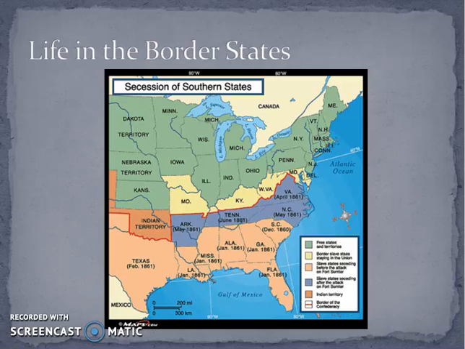So these states are all not just important because we don't want to lose more states to the Confederacy, but they're important geographically speaking because they're serving as that sort of buffer zone between the Union and the Confederacy, and we want to make sure that stays there.